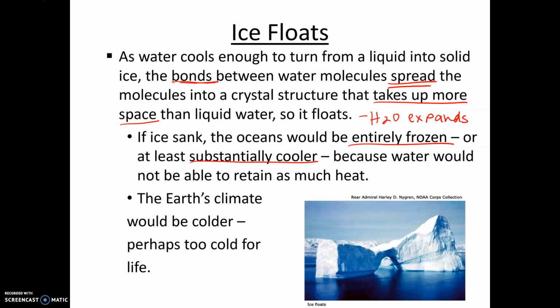And this is really important because our oceans do absorb so much of the heat that comes from the sun. It helps regulate our global temperature. And since our global temperature would be cooler, it might be too cold for life to exist on Earth itself.